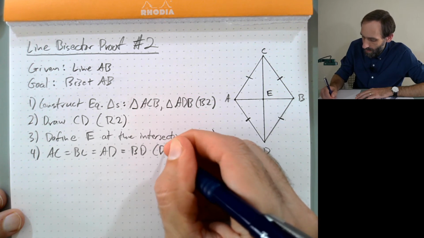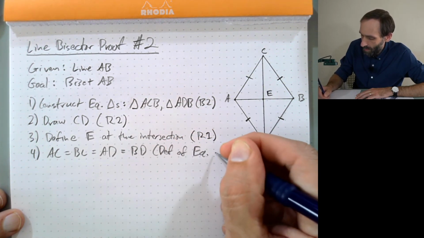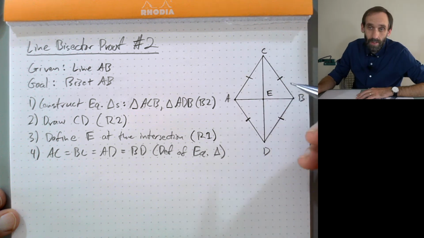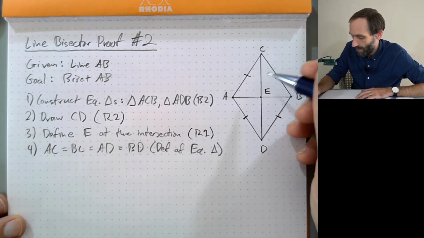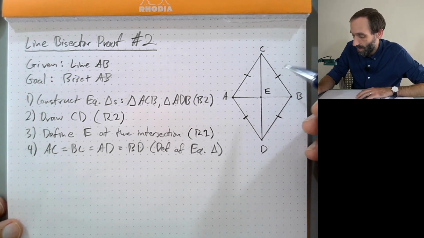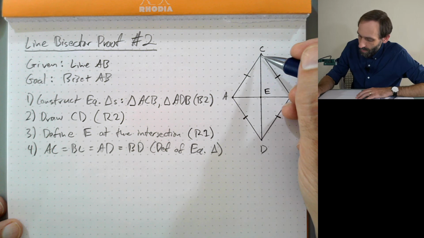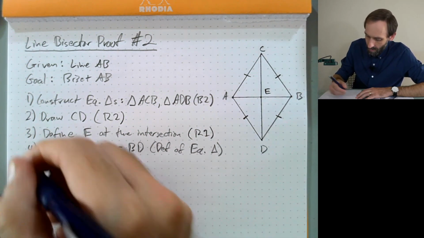And that's based on the definition of the equilateral triangle. Well, we can see that CD is in fact itself. So, obviously it equals itself because it is itself. And now we can say, wait a second, the triangle CAD is equal to the triangle CBD.